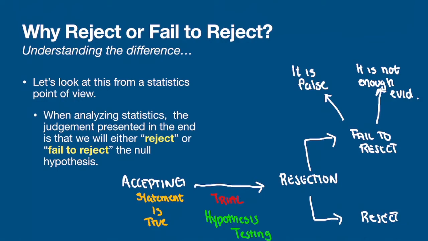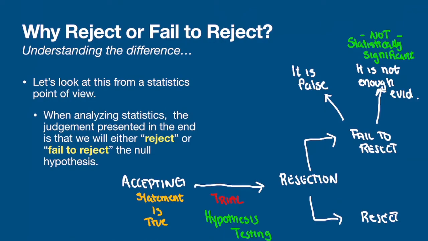So when we talk about there not being enough evidence to prove otherwise, there is a special term that we use in statistics, and we say that something is not statistically significant. Okay, and that will be a term that we come back to later on.